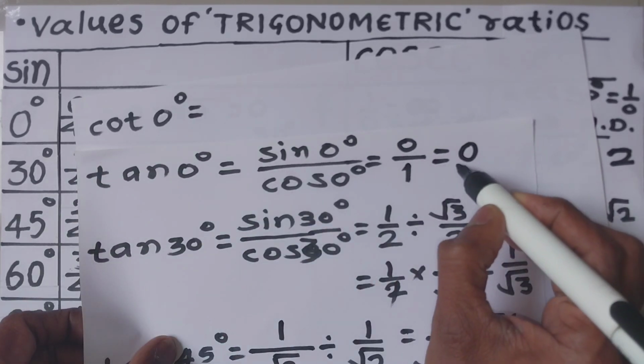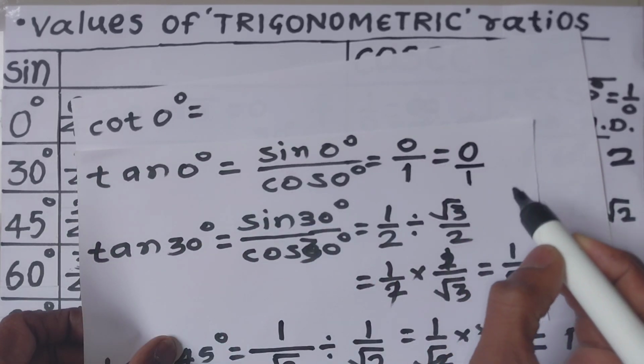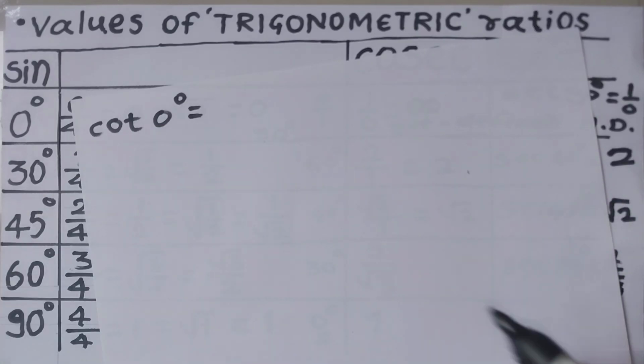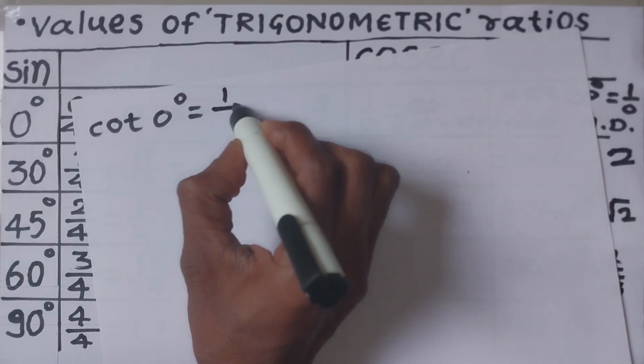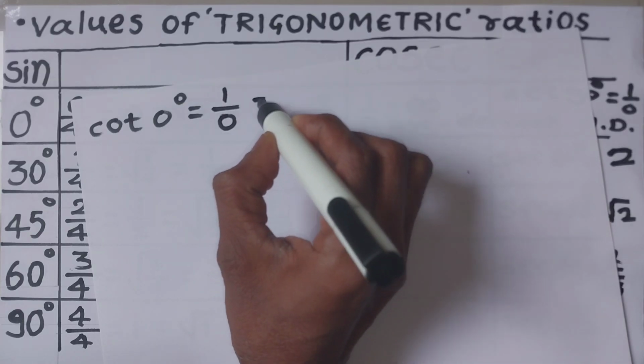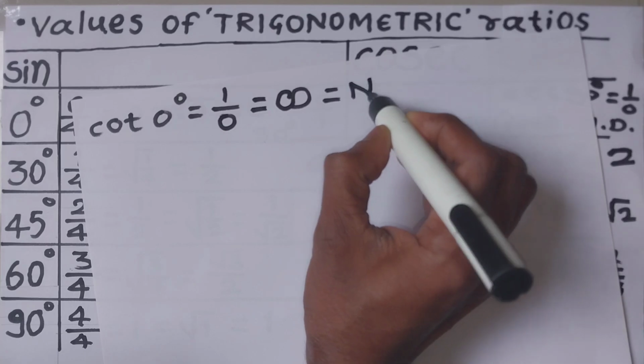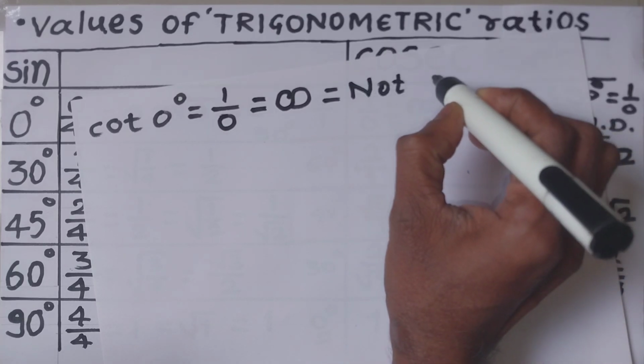Now tan 0 degree is 0 upon 1. Then the multiplicative inverse of 0 upon 1 is 1 upon 0, which means infinity, not defined.